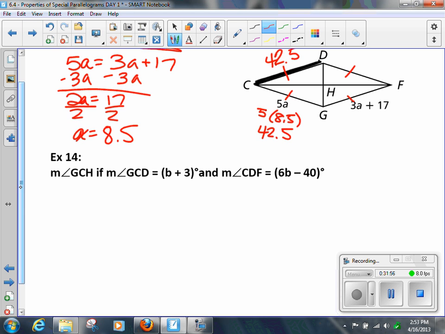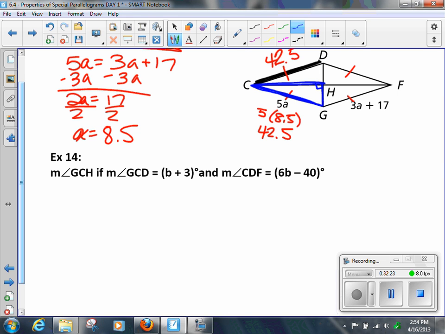And then look at example 14, GCH. Highlight that angle, GCH. Hey, we're in a rhombus. What's inside? What's within the rhombus? 90-degree right triangles. So I'm going to throw that right there. Probably going to use that, you think? Yeah.